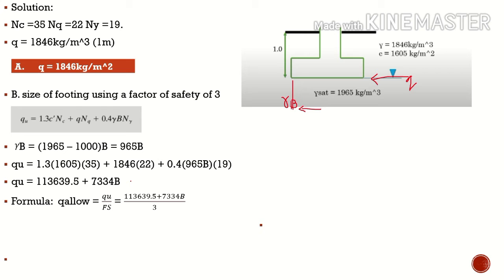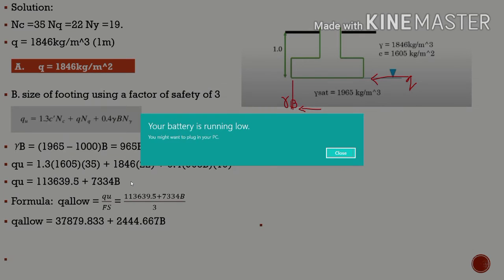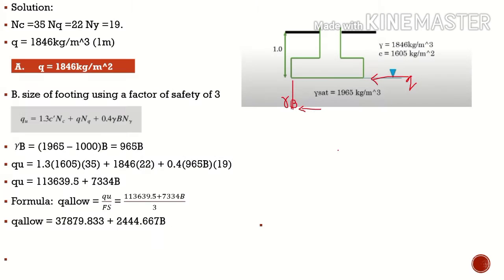Therefore, we have q allow in terms of B. So q allow is equal to 37,879.833 plus 2,444.667 B.